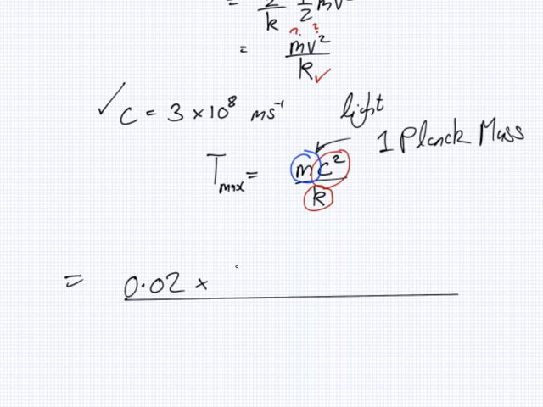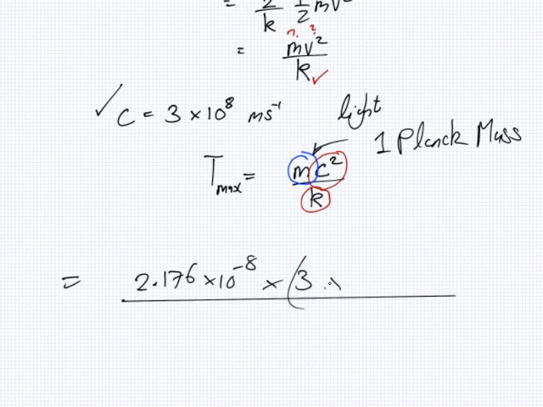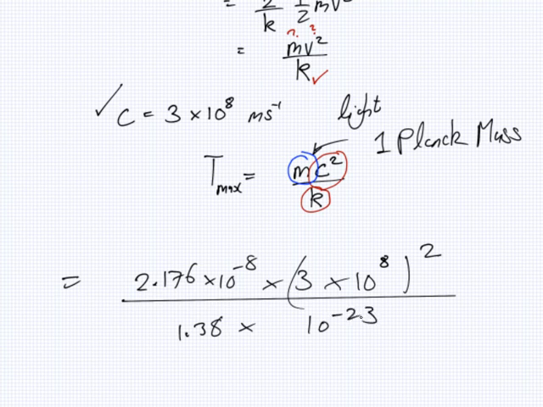Well, we'll put it like this: 2.176 times 10 to the minus 8 times 3 times 10 to the 8, squared. And then what was the Boltzmann's constant we had a few lessons ago? 1.38 times 10 to the power negative 23. Okay, hit this in, and you can tell me what is the maximum possible temperature.